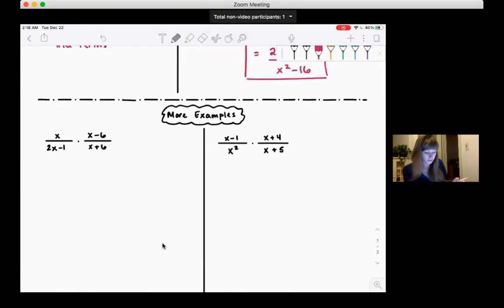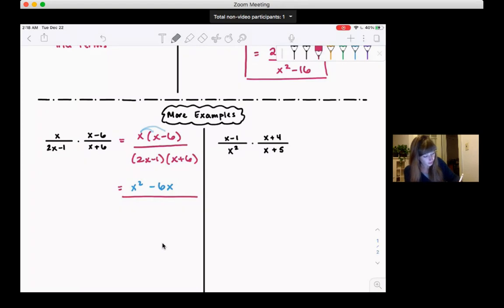Okay, so multiplying fractions, we multiply across. So we get x times x minus 6 all over 2x minus 1 times x plus 6. So in the numerator, we'll distribute the x. So we get x times x is x squared, x times minus 6 is minus 6x.